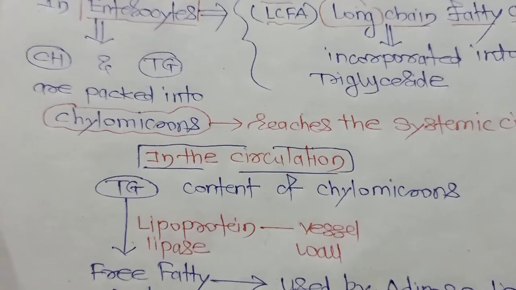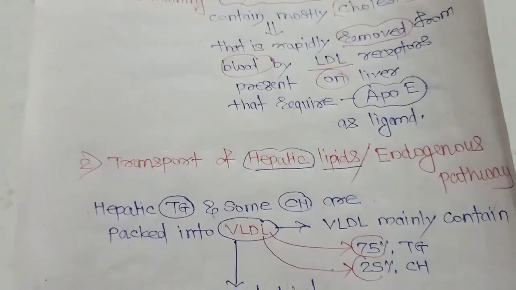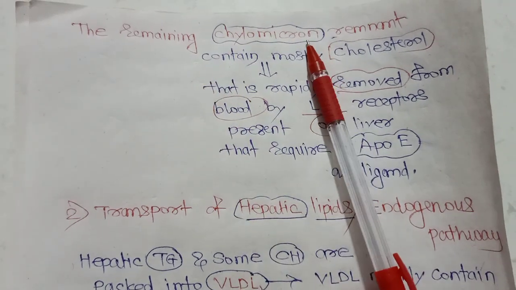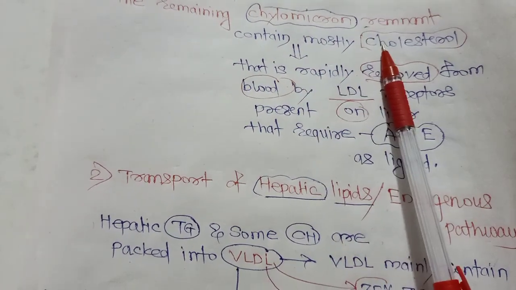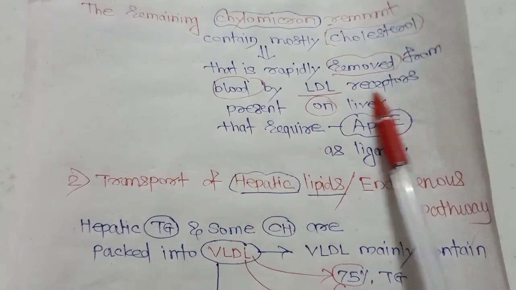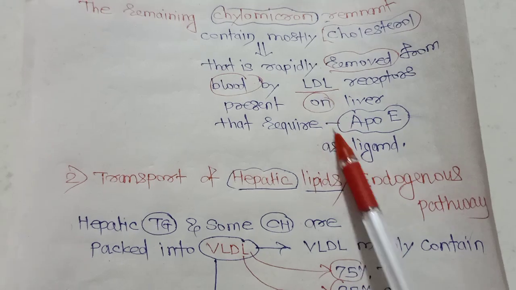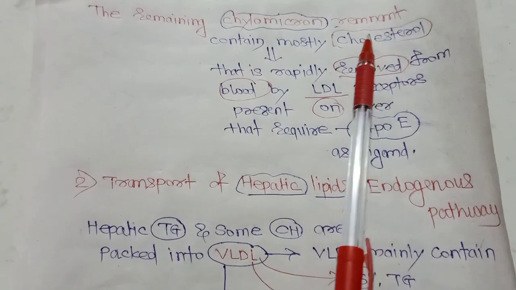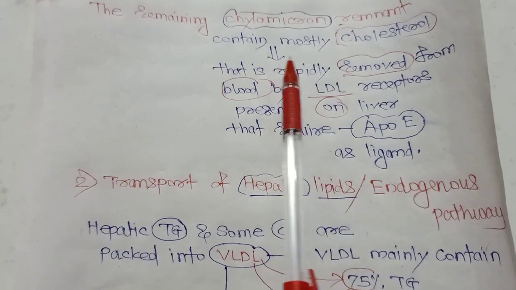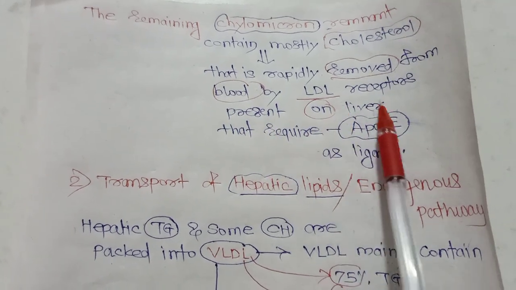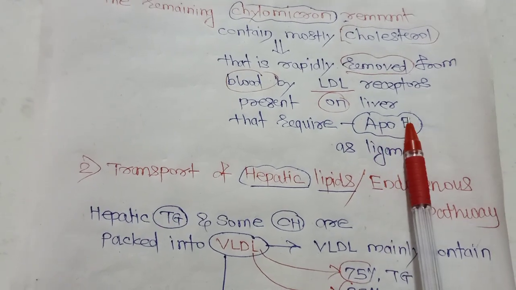Now, what happens to the remaining chylomicrons? The chylomicron remnant contains mostly cholesterol, and that cholesterol is rapidly removed from the blood by the LDL receptor present on the liver, and that process requires apolipoprotein E as a ligand.